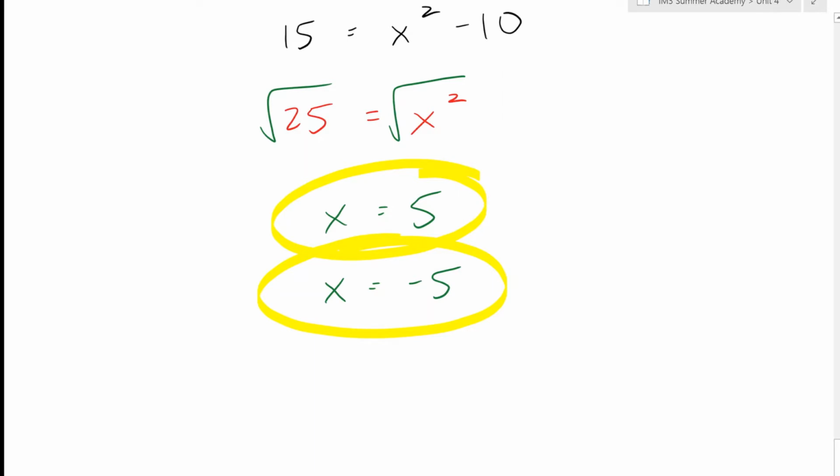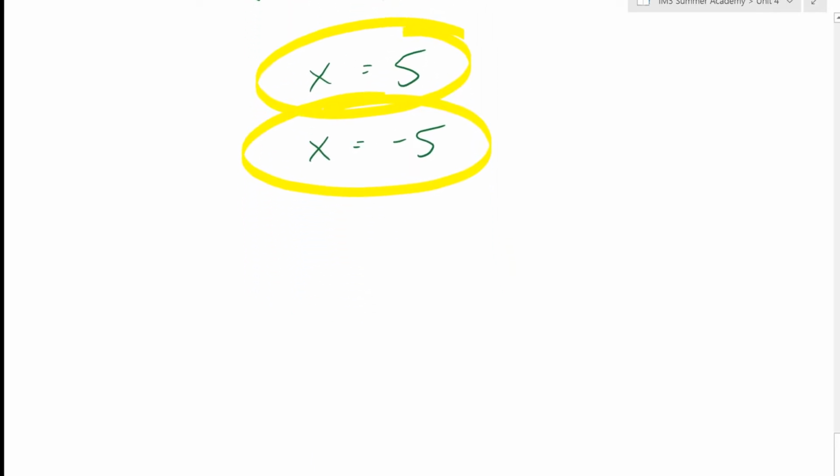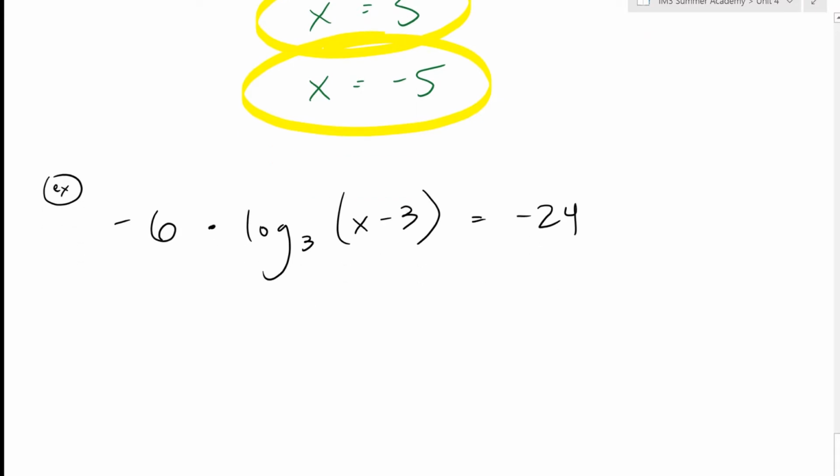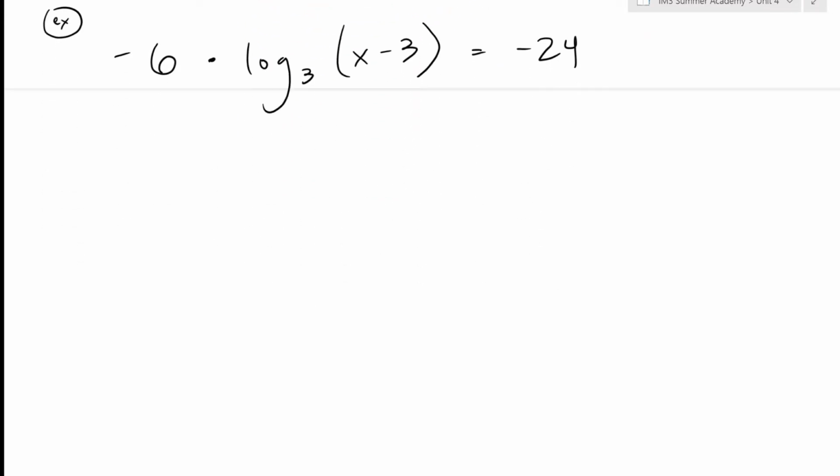All right, looks like one last one for the notes. Negative 6 times log base 3 of x minus 3 equals negative 24. Now, we've seen it before where this 6 could come up and become the exponent, but that's actually making it more complicated.